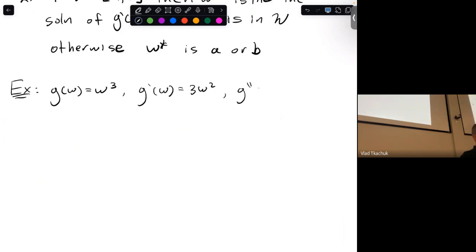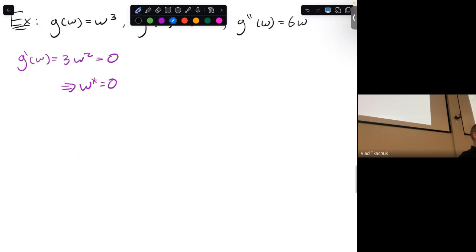You get the second derivative is equal to 6W. And then you're like, okay, second derivative exists. Let's forget about checking for convexity for a second. Then I check my G prime of W, 3W squared equals 0. And then I'm going to get, oh, the minimizer is W star equal to 0.